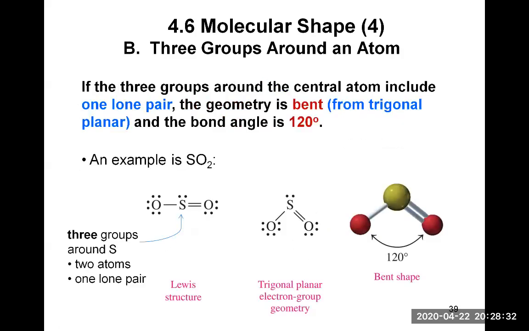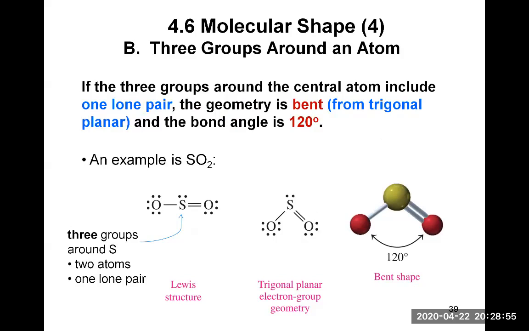When an atom is surrounded by 3 groups, but one of those groups is a lone pair, then the geometry will be bent. It's bent from trigonal planar, and the bond angle is still 120 degrees between the 2 bonds. For example, the molecule SO2 is like that.